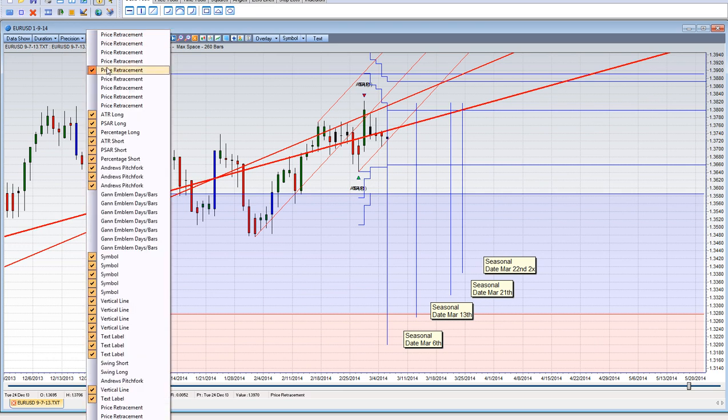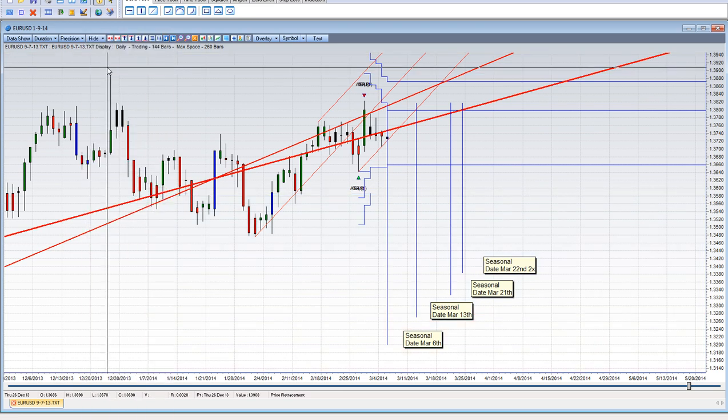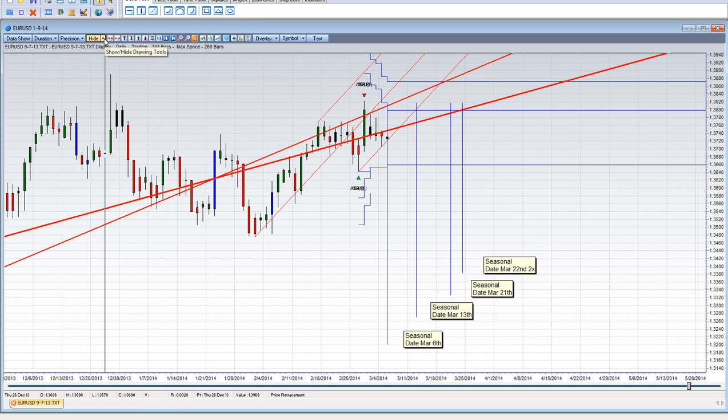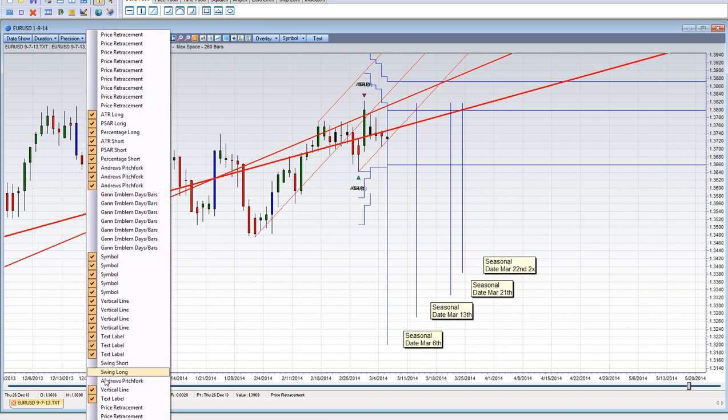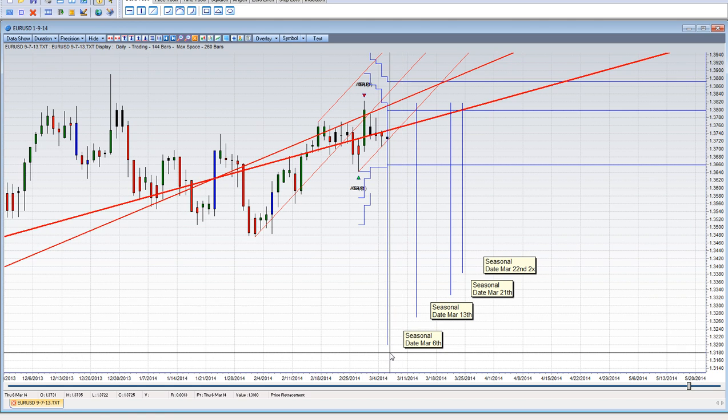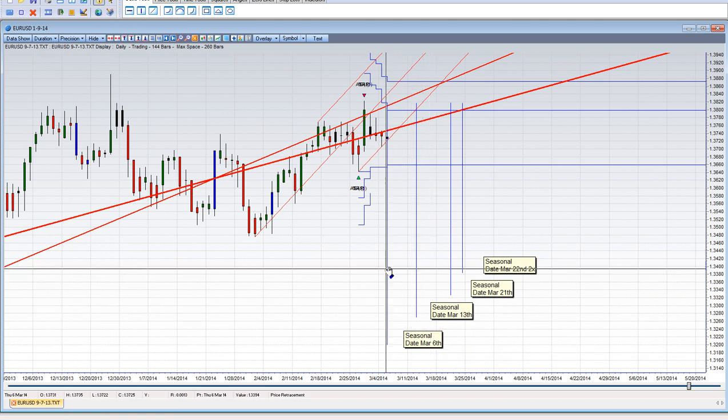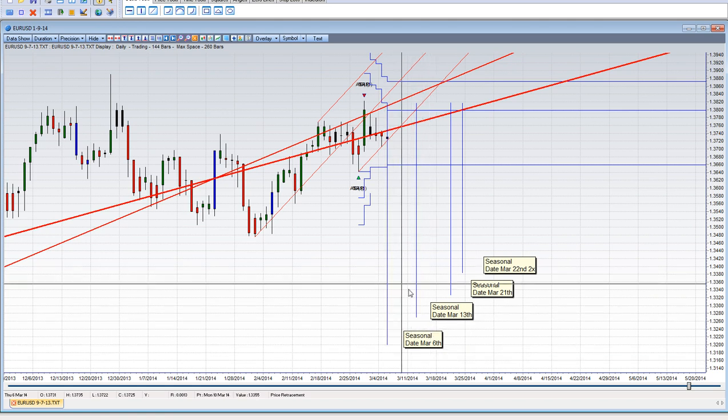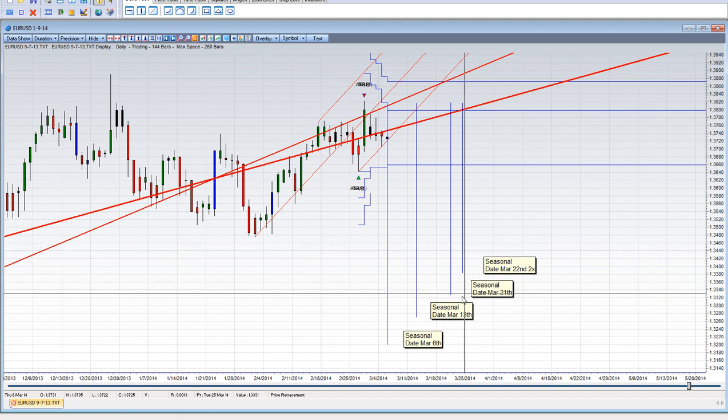I guess I'll save the best for last. This is the more speculative one I have. Yeah, I think that's it for now. And like I said, these are the seasonal dates.